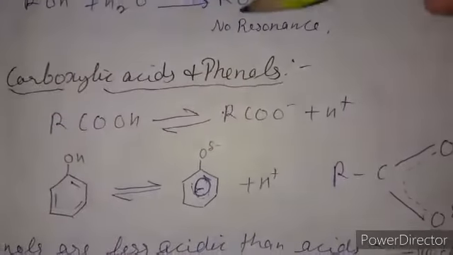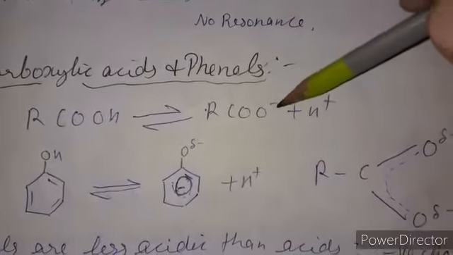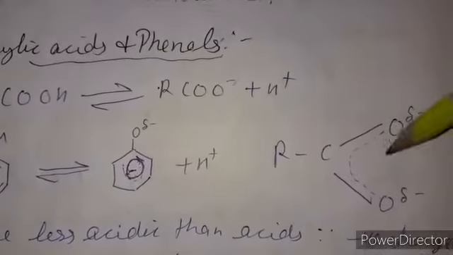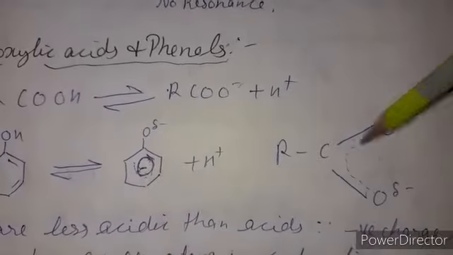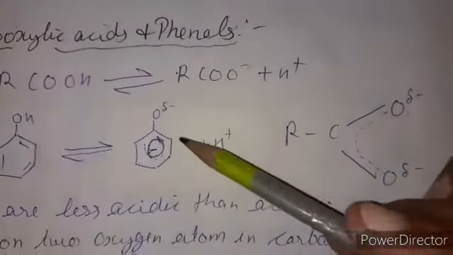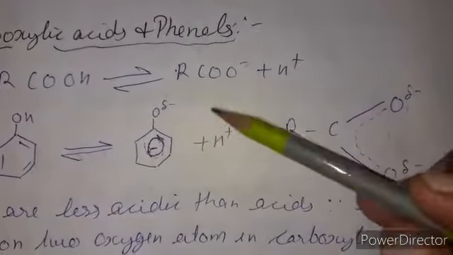Next, carboxylic acids are more acidic than phenol, because the carboxylate ion is more resonance stabilized than the phenoxide ion. In the carboxylate ion, the negative charge is dispersed throughout the two electronegative oxygen atoms, but in the phenoxide ion, there is only one oxygen atom which contains a negative charge.